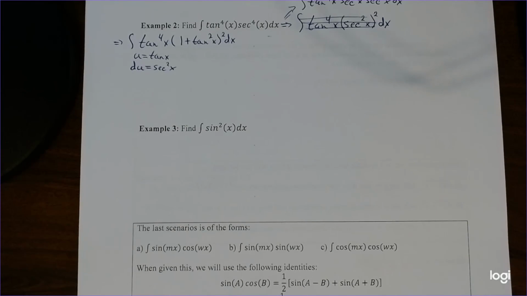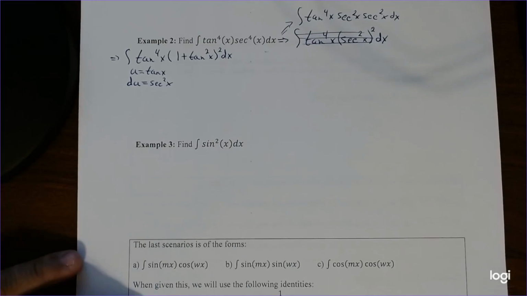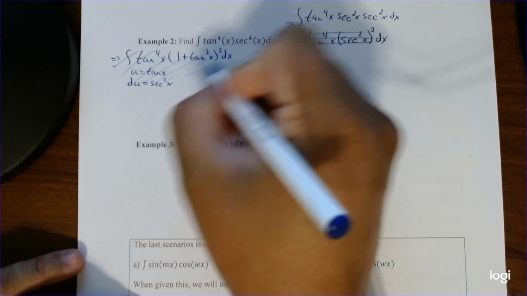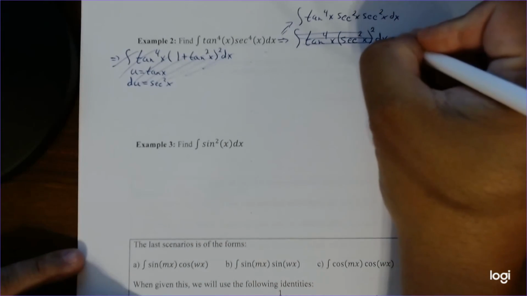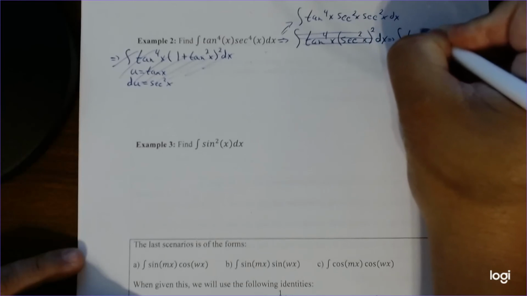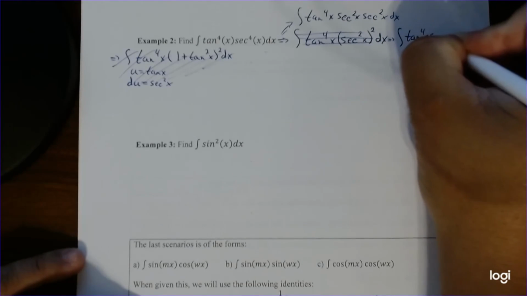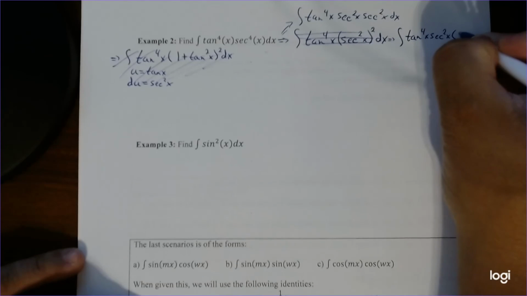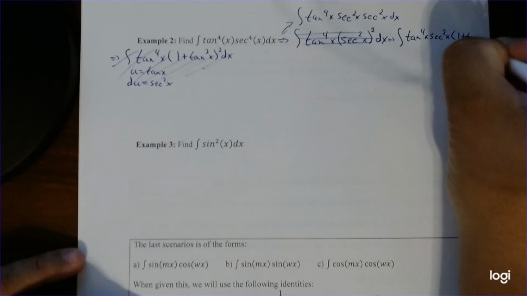Okay. So now when I use the substitution, so this didn't work out, so I'm just crossing this off. So when I use this portion now, it's going to be the integral of tan to the 4th x secant squared x times 1 plus tangent squared x.